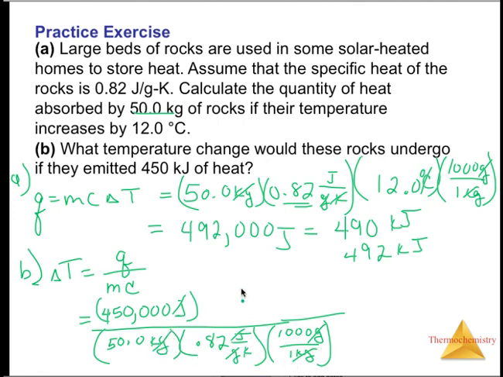My units are 1 over Kelvin, so this will give me a temperature change in either Kelvin or degrees C because it's a delta T. Taking my calculator, 450,000 joules divided by 50 divided by 0.82 divided by 1,000 gives me a temperature change of 10.98. I'm going to record my answer because of this as 11 degrees Celsius.